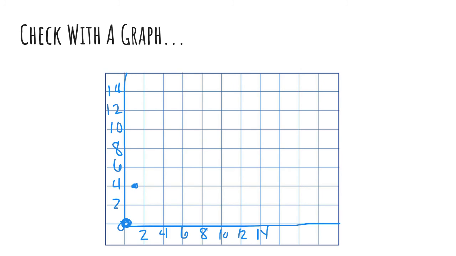Third data point, over 2, up 8. Next data point, over 3, up 12. And last data point is over 4, up 16. And I'm just going to connect my dots. Ooh, that wasn't as straight as it could have been if I'd used a ruler.